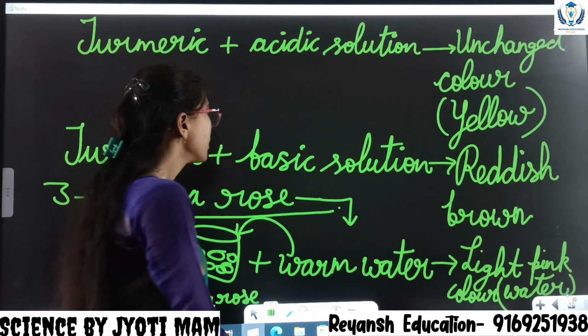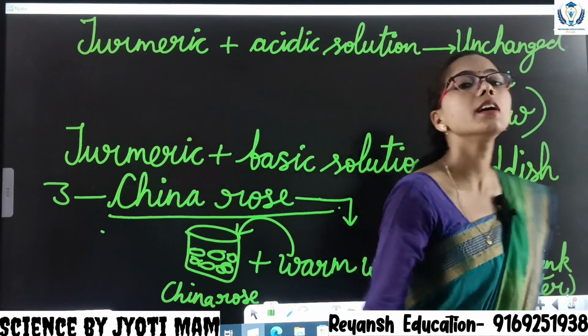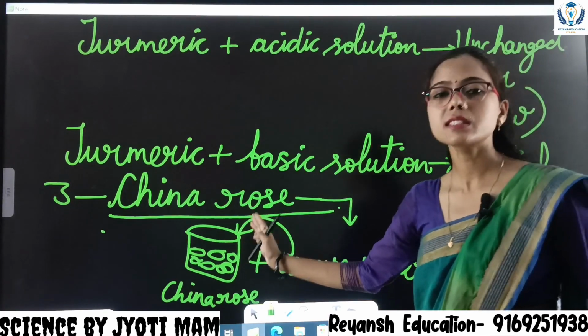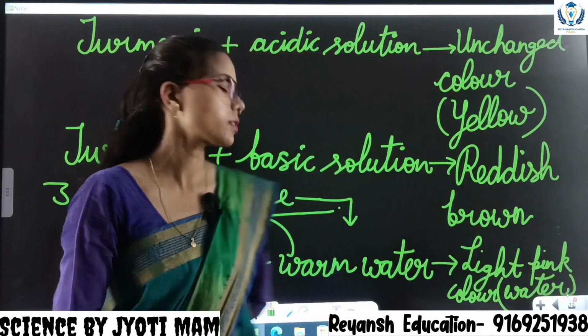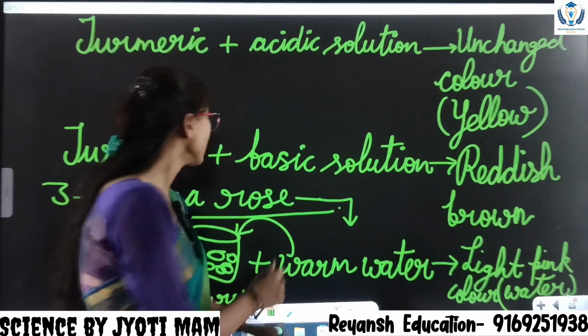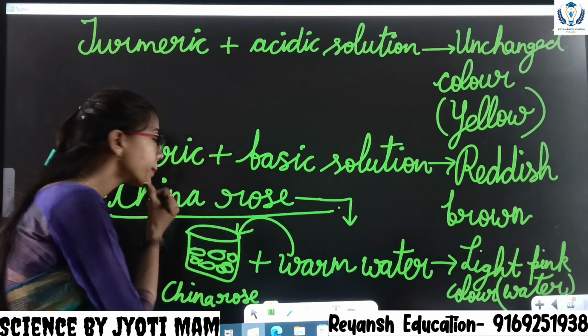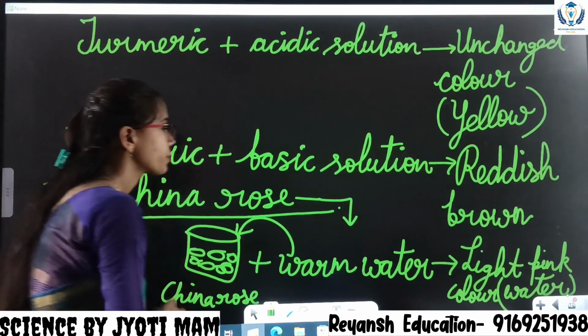After that, we can filter and separate the petals from that solution. This way we can obtain the China rose indicator.